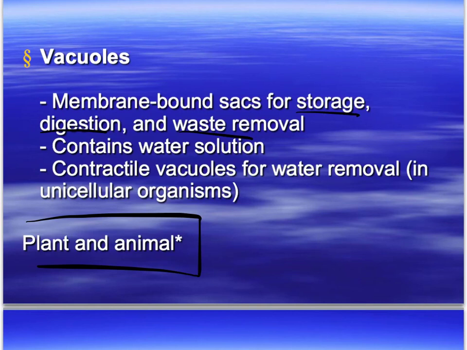Vacuoles are very important for removal of waste, and also very important for storing things so your body can use them later. The plant has something called a central vacuole, which is just much larger and centrally located in the cell. Most central vacuoles in plants are easily observable under a microscope.